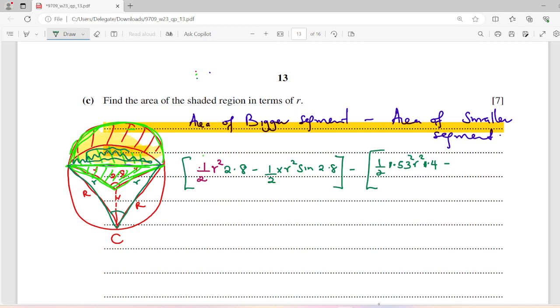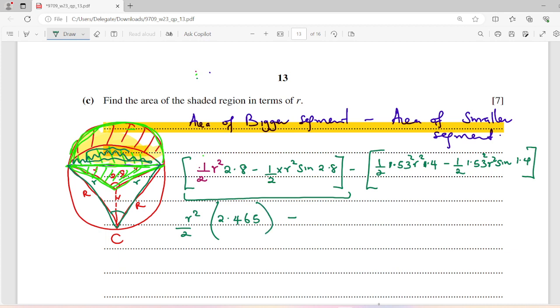So if you do that, for this part alone I can pull out r squared over 2, and we'll have 2.8 minus sine 2.8, which will give me 2.465. Then minus, even here I do the same.